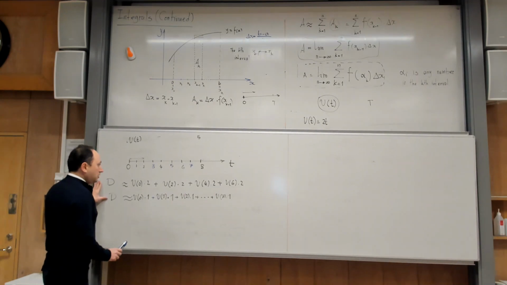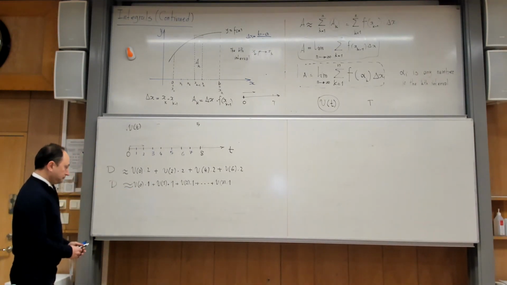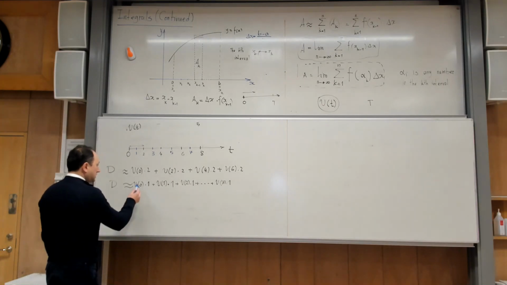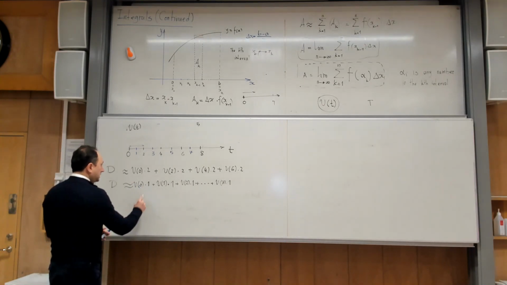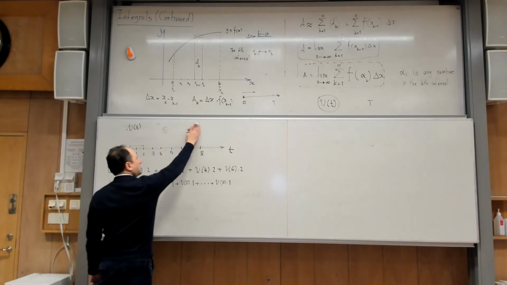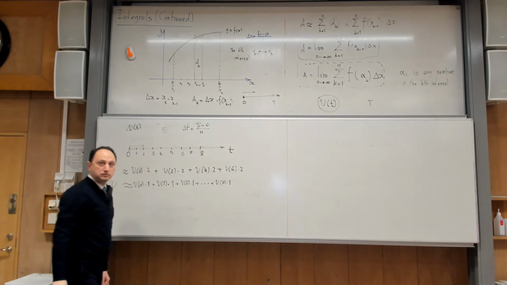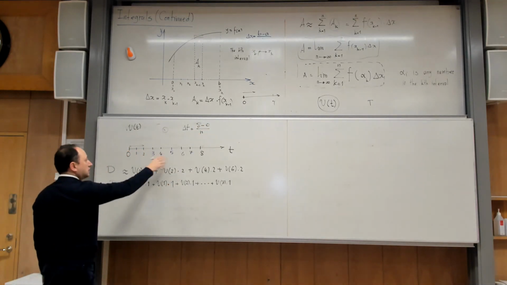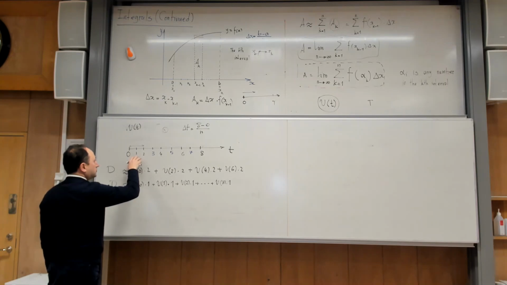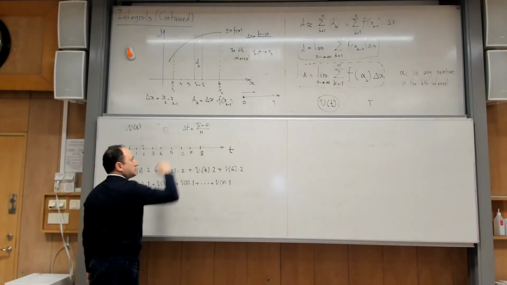Okay, so now, if I want to solve this problem, what do I do? I can write that if I divide it into n equal pieces, then delta t is the final time minus the initial time divided by n. Instead of doing it into, I don't know, 4 intervals or 8 intervals, I divide it into n intervals.